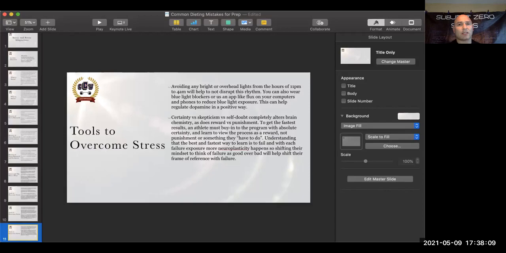So the idea of stress and stress management is something that we should always be thinking about in terms of how to set up our programs, understanding what our athletes are going through within their week, within their month, and being able to orchestrate a program based on that. So we want to get away from this idea that this program is the way they're going to go and there's no adjustments to it.